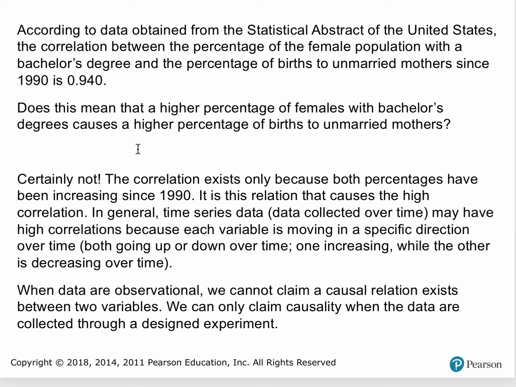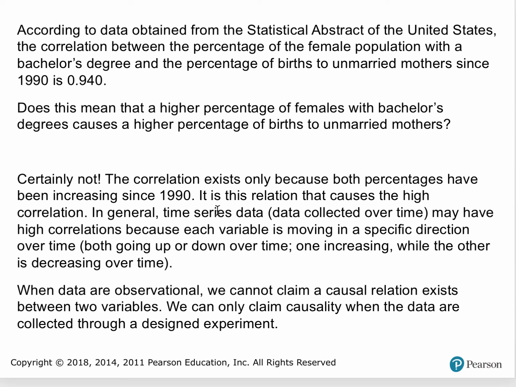Does this mean that a higher percentage of females with bachelor's degrees causes a higher percentage of births to unmarried mothers? Well, we ought to be able to think about that logically and say certainly not. The correlation exists only because both percentages have been increasing since 1990. It is this relation that causes the high correlation.